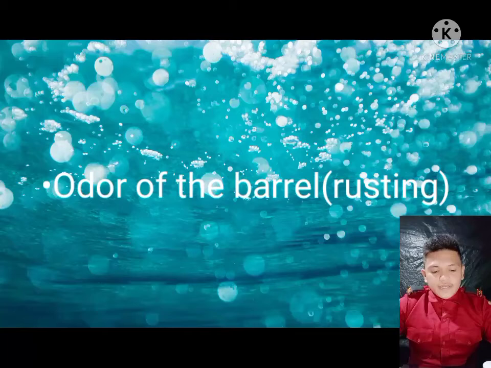The third is the odor of the barrel or rusting. As a rule, no rust can be detected inside the barrel of a firearm if such firearm has not been discharged. But if the firearm has been discharged, iron salts are formed and can be detected inside the barrel.